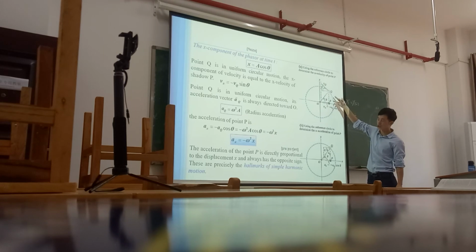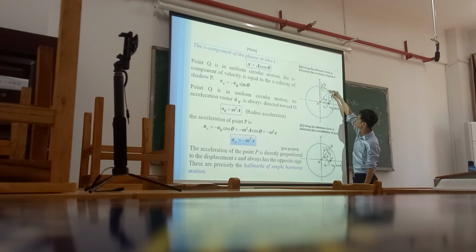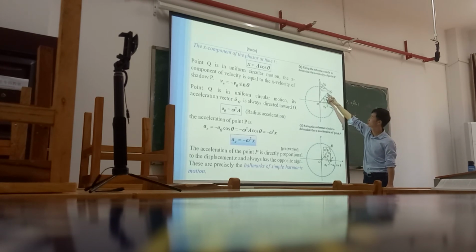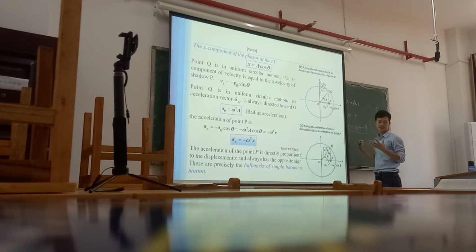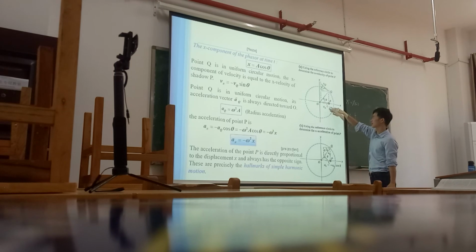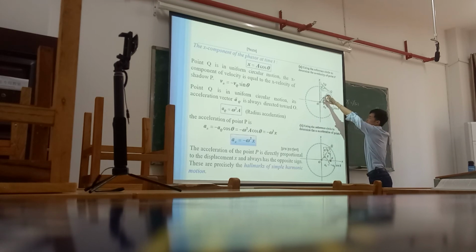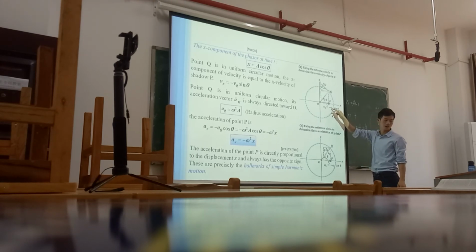Then we project the velocity of point Q along the x-axis. The velocity is in this direction, so the magnitude of the projection is v_Q sin theta. But we must consider the direction, because we always choose the right as the positive direction, and this one points toward the negative direction, so there must be a minus sign.